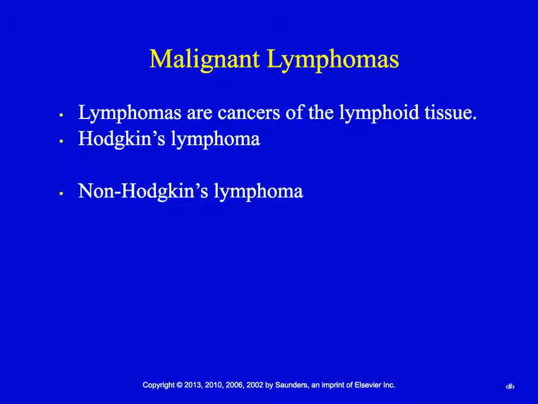It is the most treatable type of cancer that we have. Typically, external radiation of the involved lymph nodes is the single most common treatment for Hodgkin's lymphoma. Prognosis is good. It is called Hodgkin's because it is positive for the Reed-Sternberg cell.